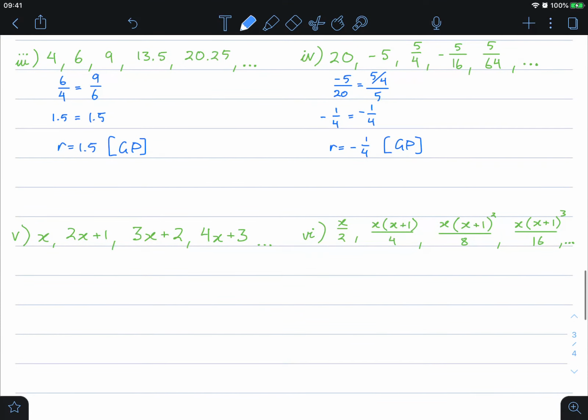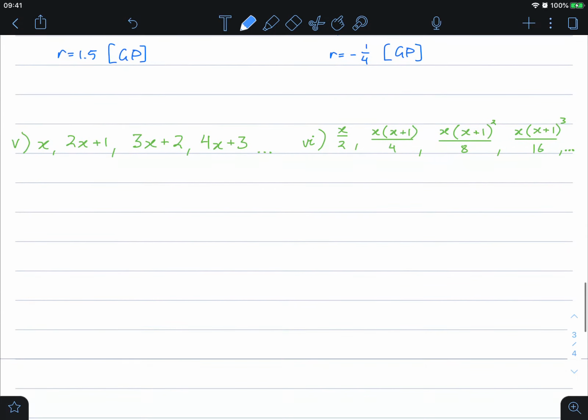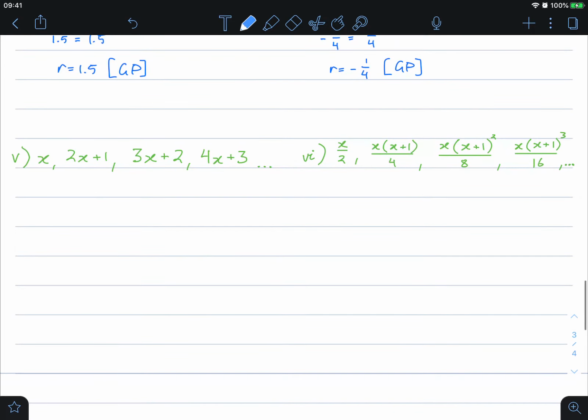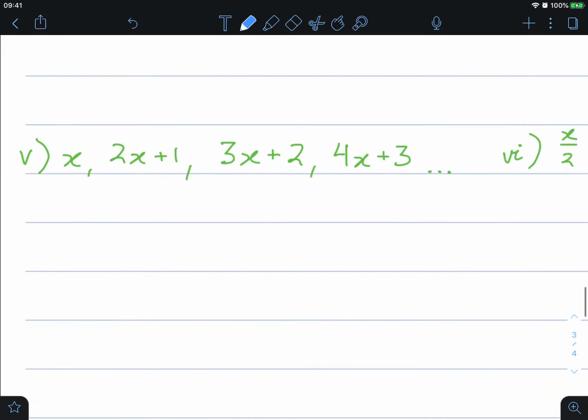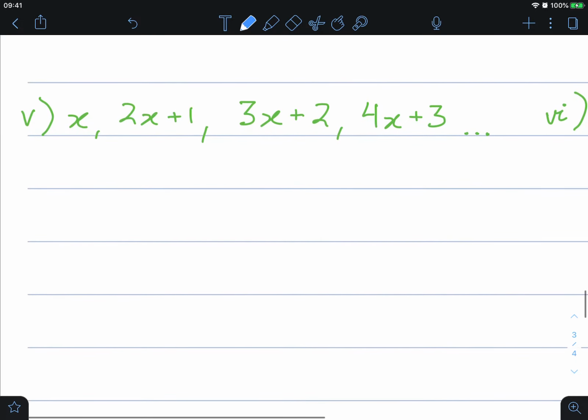One more here. I want you to give these two a go yourselves. So, figure out whether number 5 and number 6 are arithmetic or geometric. Now, it may look rather daunting, but it's the exact same thing. We pick any term. So let's pick 3x plus 2.